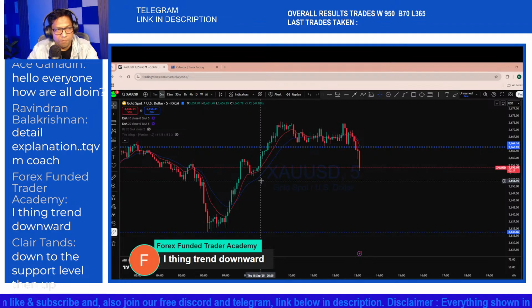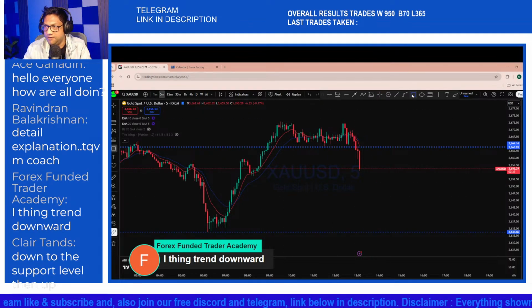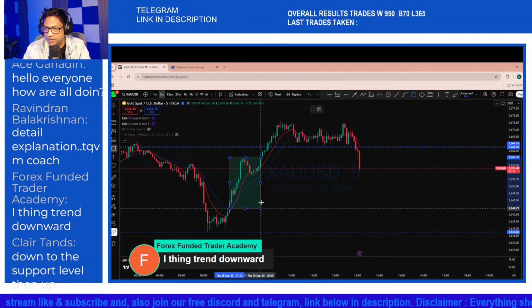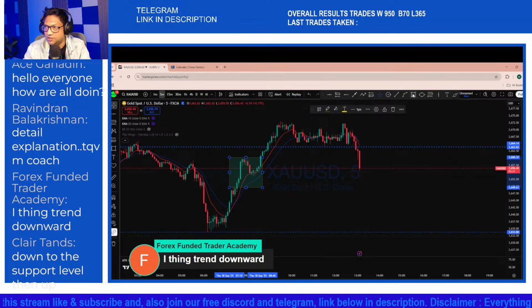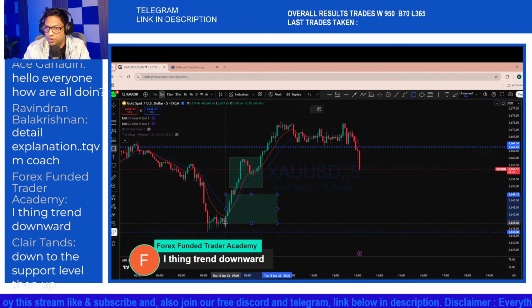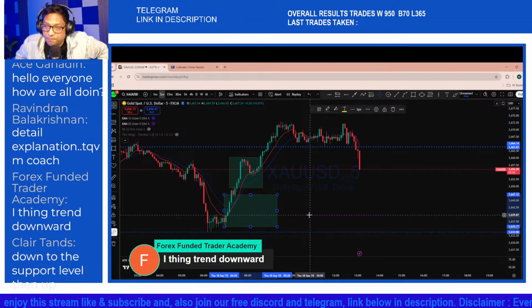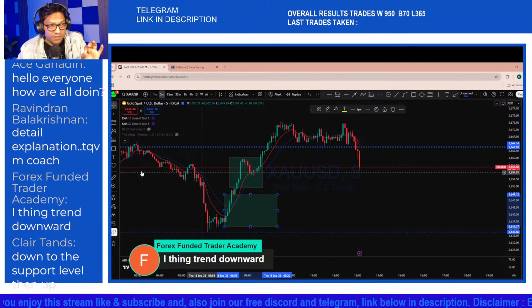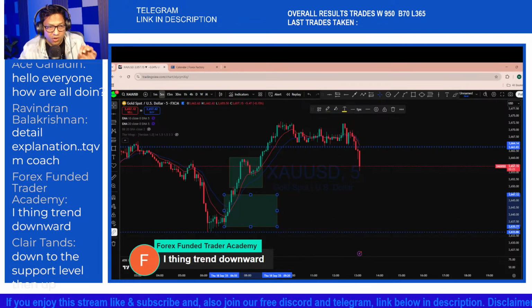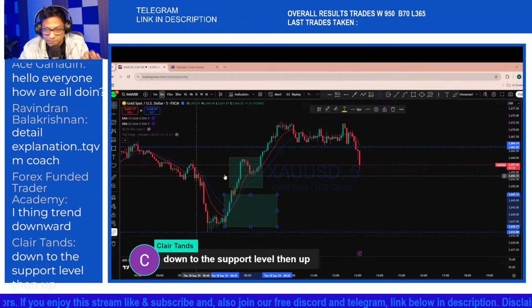This is a massive fair value gap here. You can see, okay, this is one zone here. There is another zone. Okay, two massive fair value gaps. Now fair value gap is very important. If you guys are not sure what a fair value gap is, let me know here.